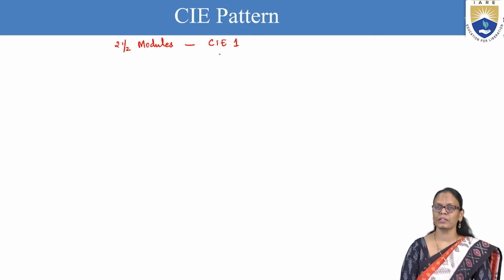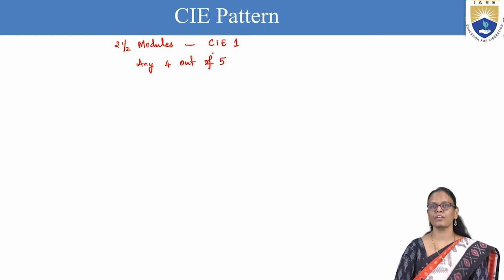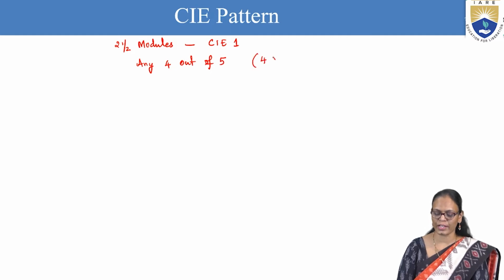And here you will be answering any 4 questions out of 5 questions, and each question carries 5 marks. So 4 into 5, 20 marks. Any 4 out of 5, so we'll be having choice here.